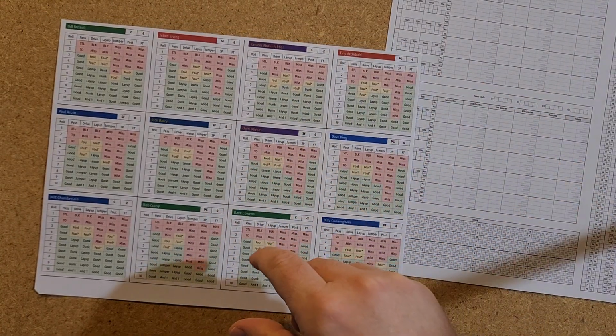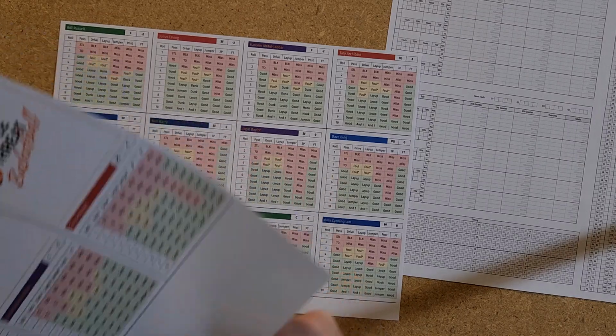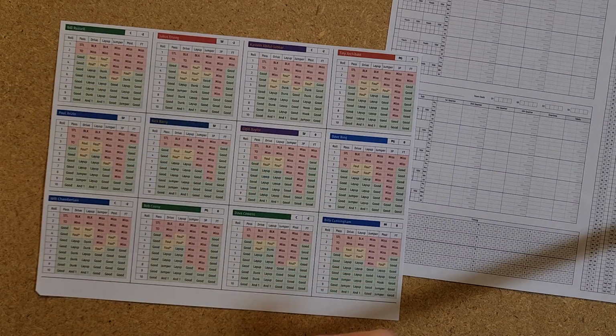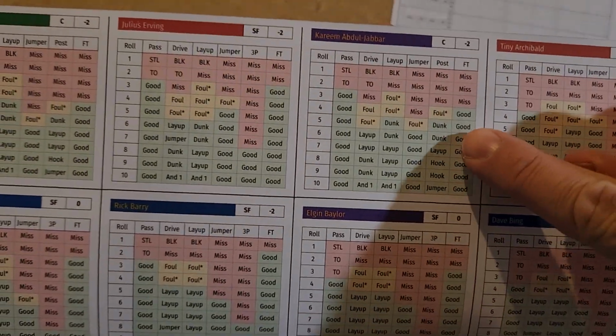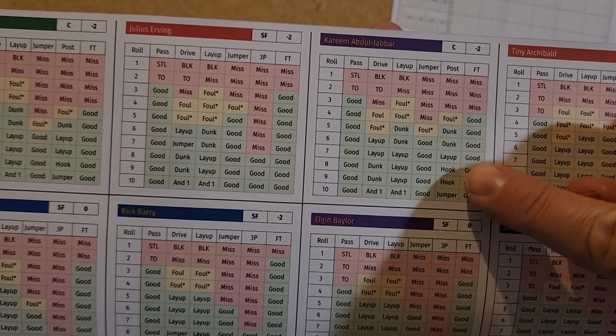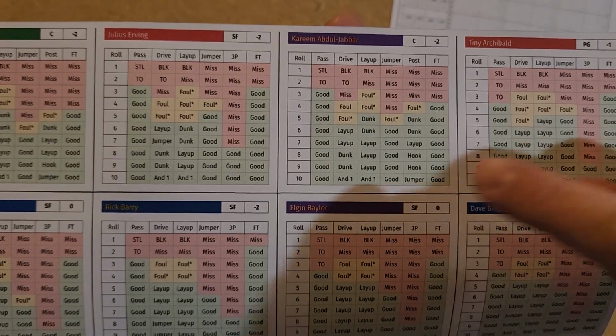Let's see. Yeah, for Kareem. You can see with Kareem here, he's got a couple of dunks, he's got a layup, he's got two hooks. So obviously he's shooting the sky hook all the time, and a turnaround jumper. So that's kind of a fun little part too.